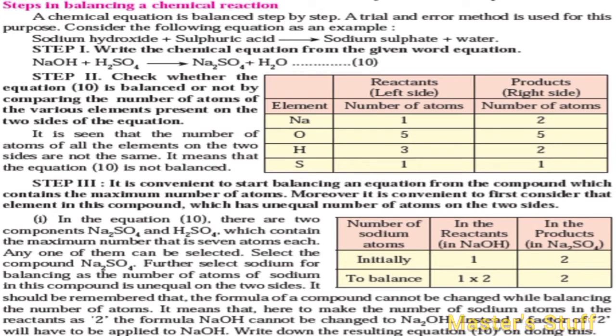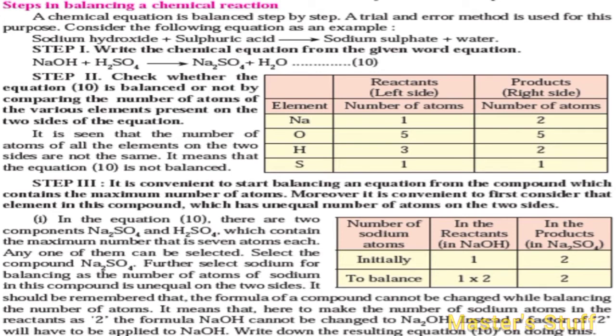That is, in the equation above, there are two compounds, Na2SO4 and H2SO4, which contain the maximum number, that is 7 atoms each. Any one of them can be selected. Let's select compound Na2SO4. Further, select sodium for balancing, as the number of atoms of sodium in this compound is unequal on both the sides.